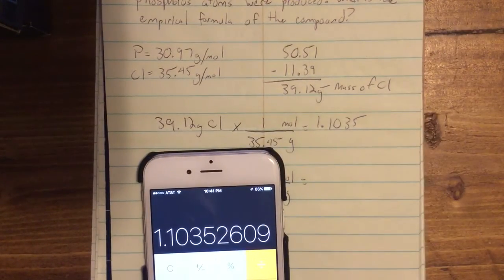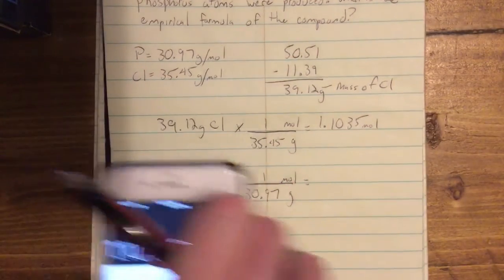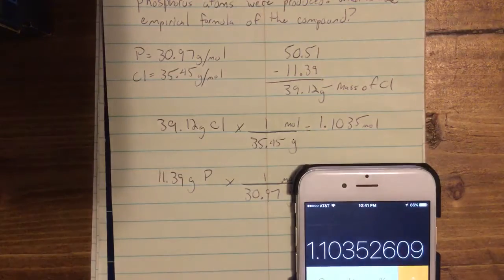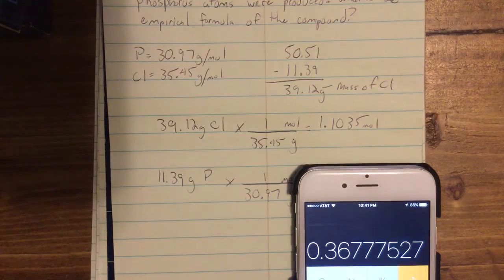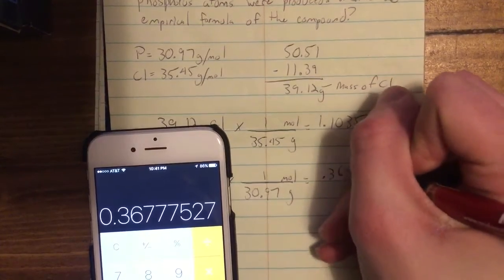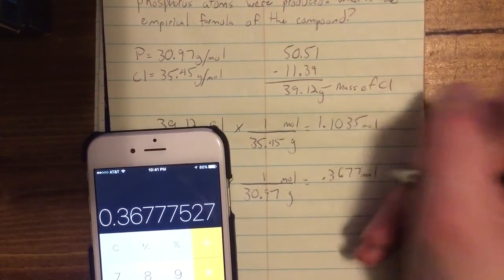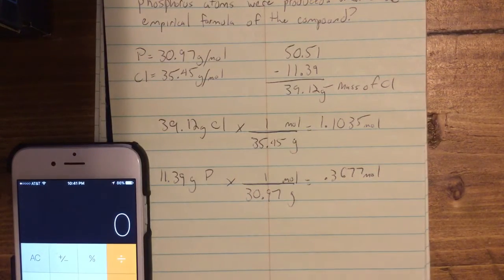Okay, again, you don't have to worry about rounding. Just leave it. Don't worry about sig figs. We're okay. Okay, now for the next one, we do 11.39 divided by 30.97, and we get 0.3677 moles.